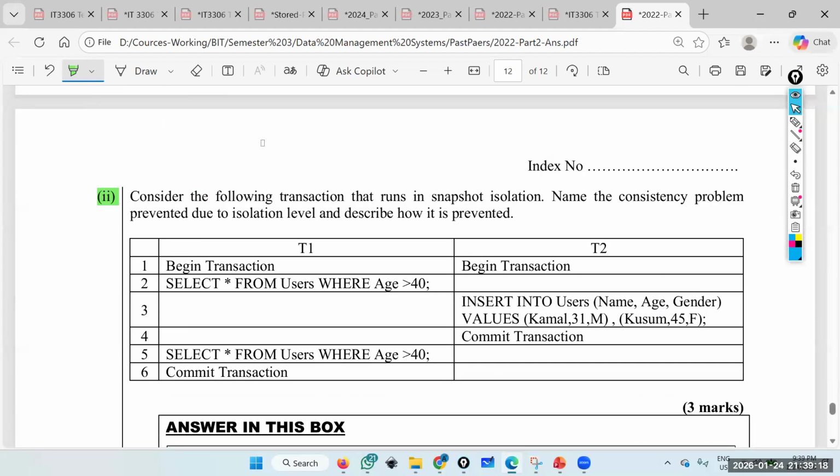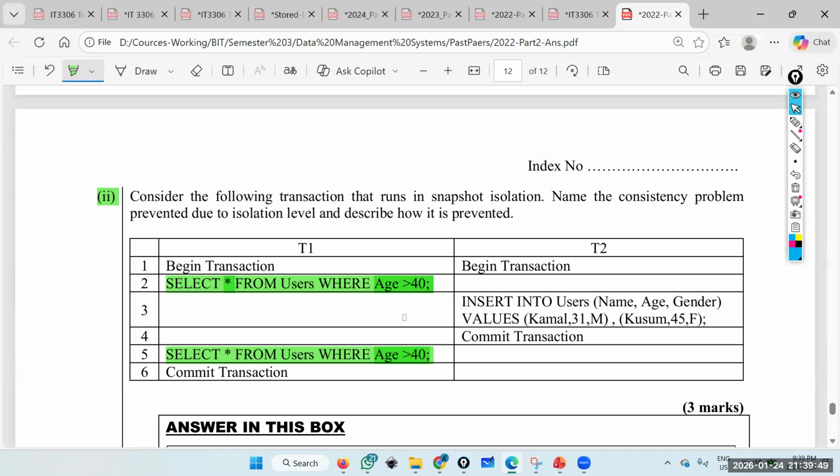Right. So then they have given two select statements, but these select statements are doing select all where age greater than 40, age greater than 40. So the same query twice, but you are going to get multiple records. And here in between, you can see there's an insert into the same table, two records, one age 31.